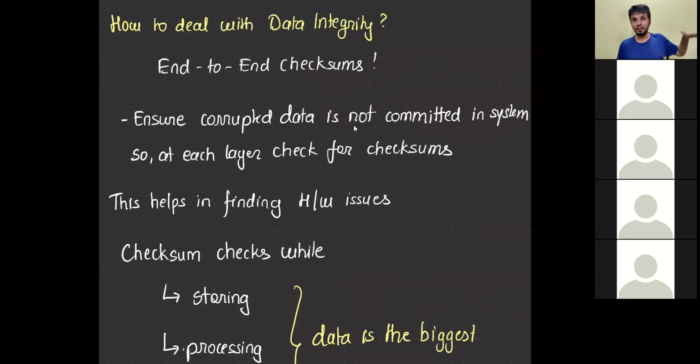Now, apart from data durability, we have to ensure data consistency and data integrity. When you talk about data integrity, it's like an end-to-end checksum. Given the way our data is transferred through so many layers, we cannot have a write which is successful but with incorrect data. Let's say you wrote Arpit. When it reached your API server, it was Arpit.